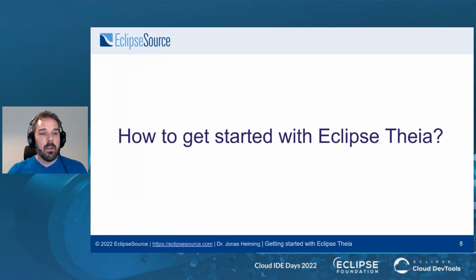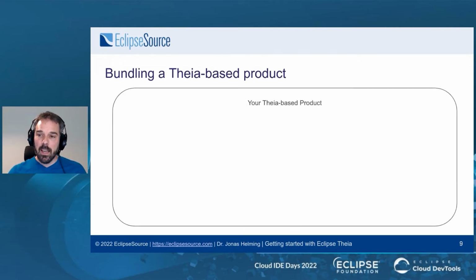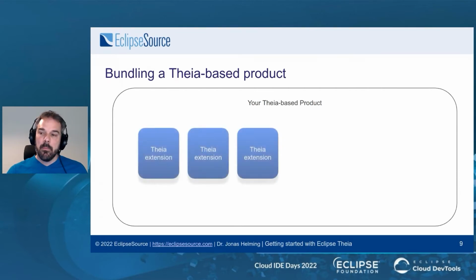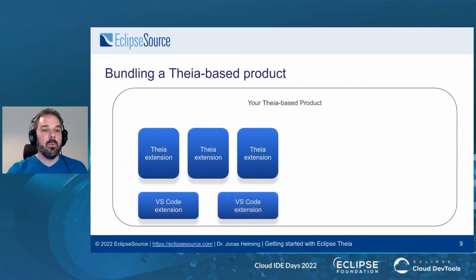All right, now let's switch over to how to get started with Theia. I would like to start with how a typical Theia-based project looks like, in terms of what are the artifacts that you work with when you start with Theia. Essentially, the core artifact that you need is a product that you define, and this product specifies which Theia extensions and which VS Code extensions are part of your product.